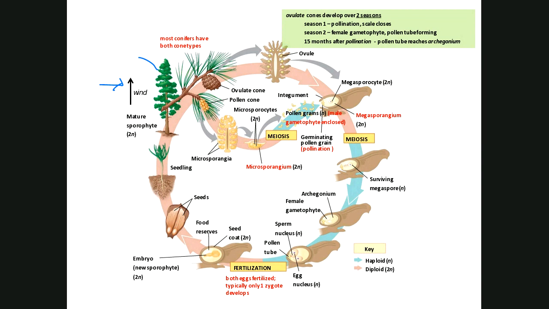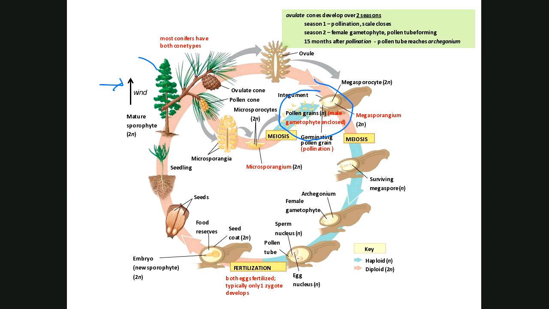Now, I've got to talk a little bit about this whole idea of pollination and fertilization. They're not the same thing. Pollination is when pollen makes its way to the female gametophyte, right? So as that pollen is floating in the air and finally makes its way to the female gametophyte, that's the process of pollination.